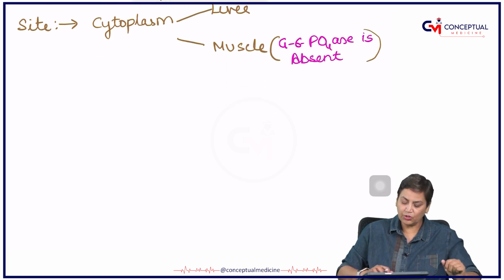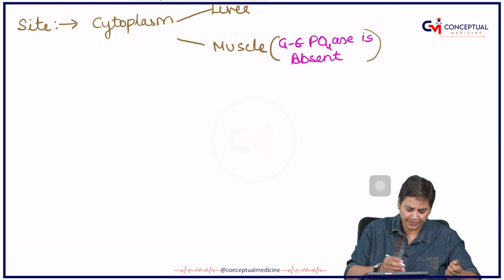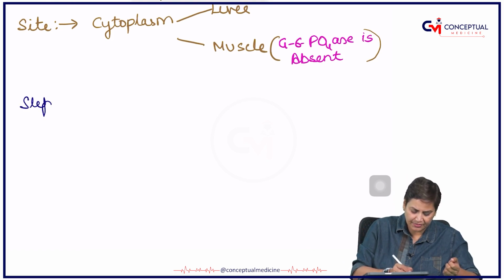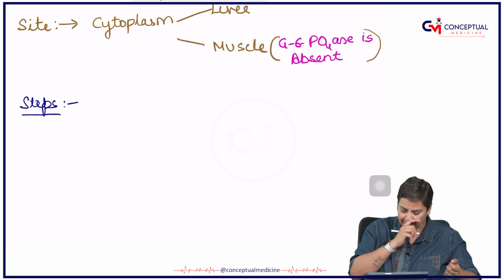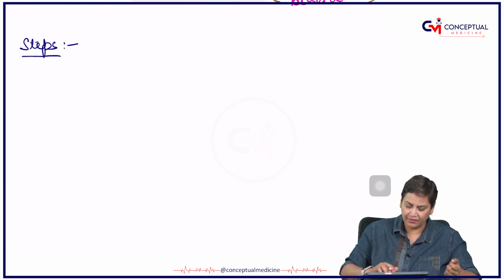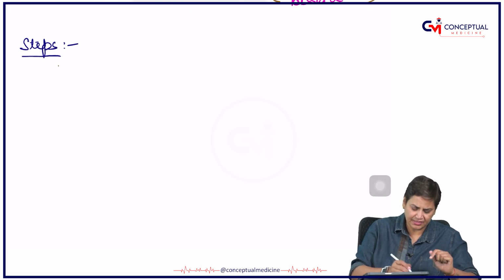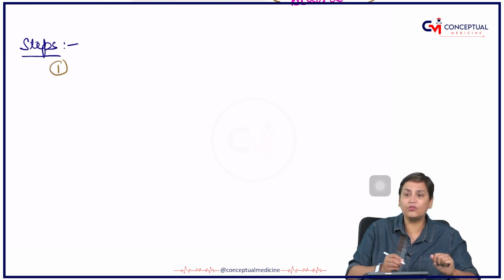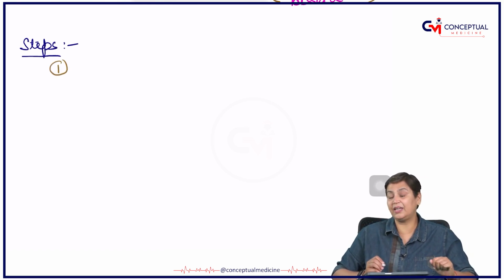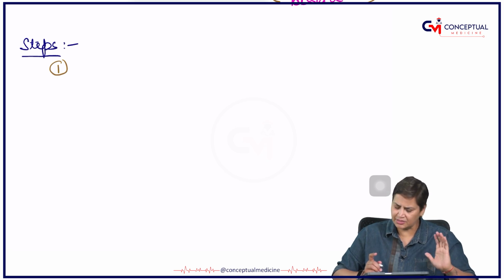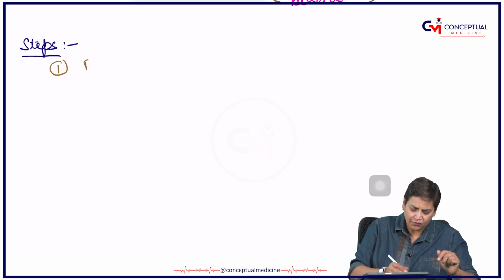Now, coming over to this, how this process starts, or if I have to write it into steps, what are the different steps of this? Now, if we talk about the steps, the first step is phosphorylytic splitting of glycogen. This is a very, very important step.